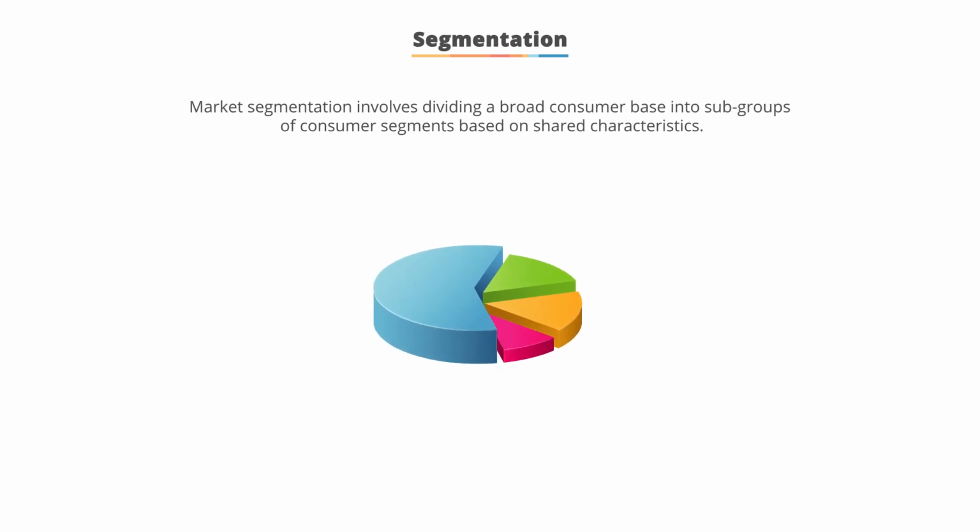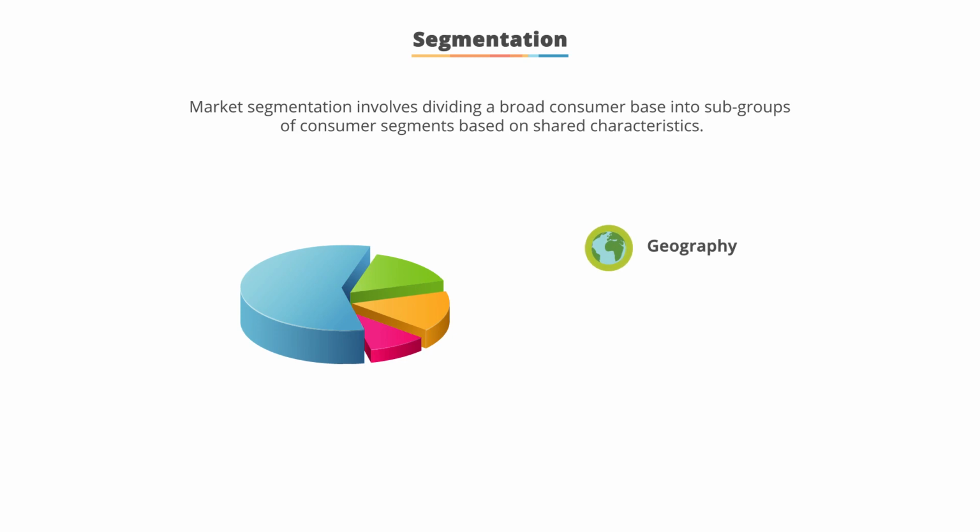Segmentation is an important concept in marketing. Instead of looking at your audience as a monolithic block, it is best to divide them into subgroups based on shared characteristics. Those characteristics can be the location where they live or work, demographic attributes like gender and age group, life events like buying a first car or welcoming a new baby in the family.